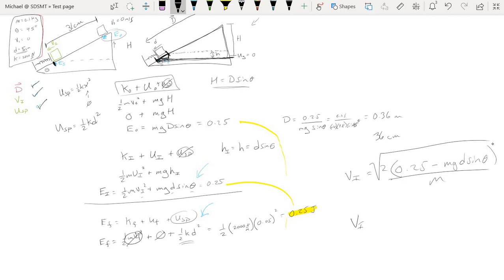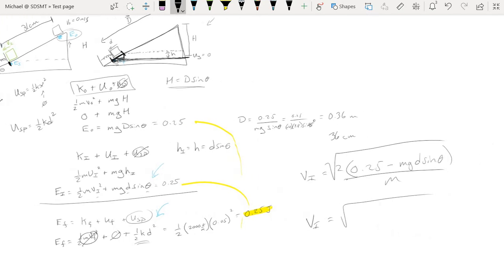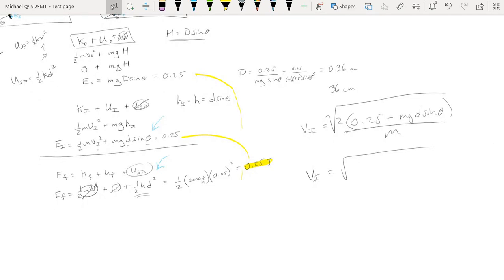So hopefully this doesn't get messed up either, but now that we have a total displacement that actually works, hopefully we don't get an imaginary expression here. This needs to be divided by the mass, but then we can actually cancel out the mass on the next set.